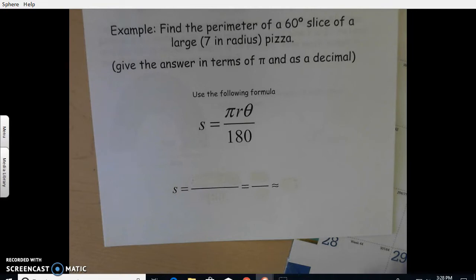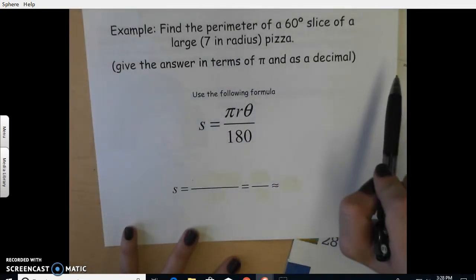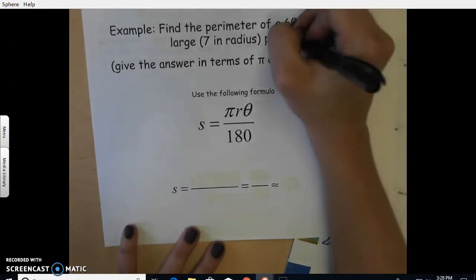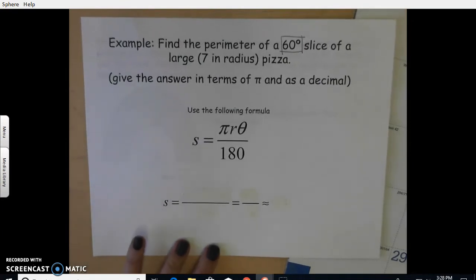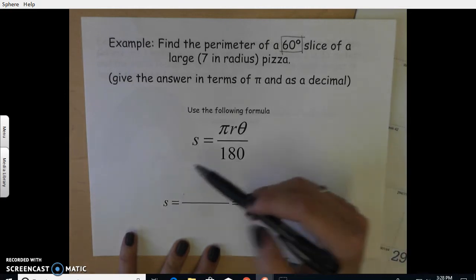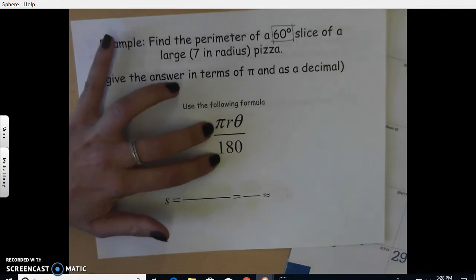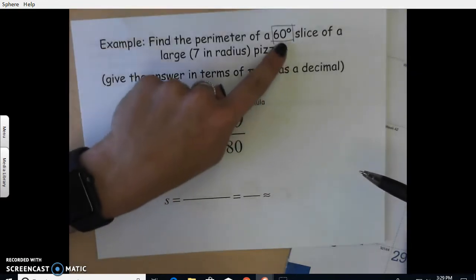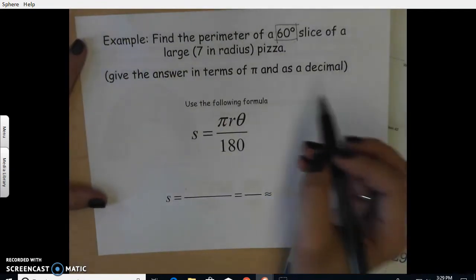Find the perimeter of a 60-degree slice of a large 7-inch radius pizza. We are going to give our answer in terms of pi and as a decimal. Since our central angle is in degrees, we are going to use the formula S is equal to pi r theta divided by 180. Because that pi over 180 would be converting this 60 degrees into radians.